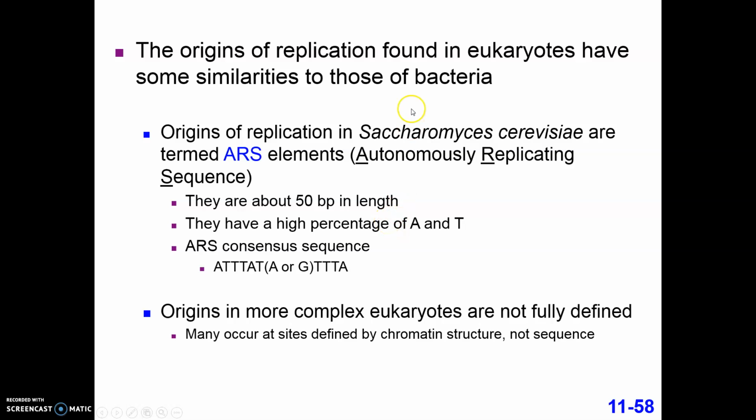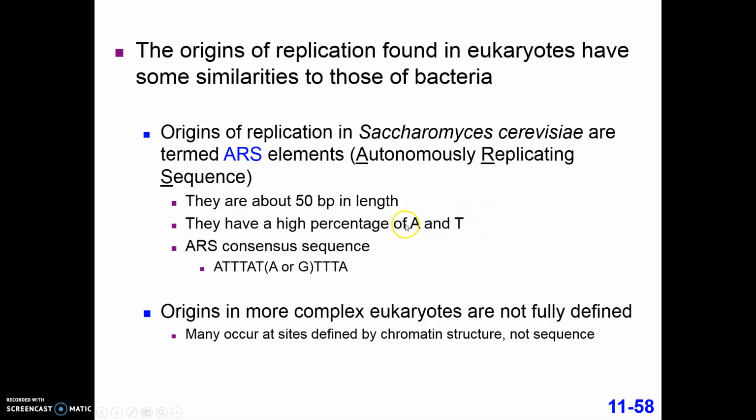Now, the origin itself, found in eukaryotes, has some similarities to bacteria, particularly when you're looking at lower organisms. So when you look at yeast, you've got these, what we call ARS elements, or autonomous replicating sequence. They're about 50 base pairs in length. They have a high percentage of A's and T's. Remember, this bonds more weakly than G's and C's.